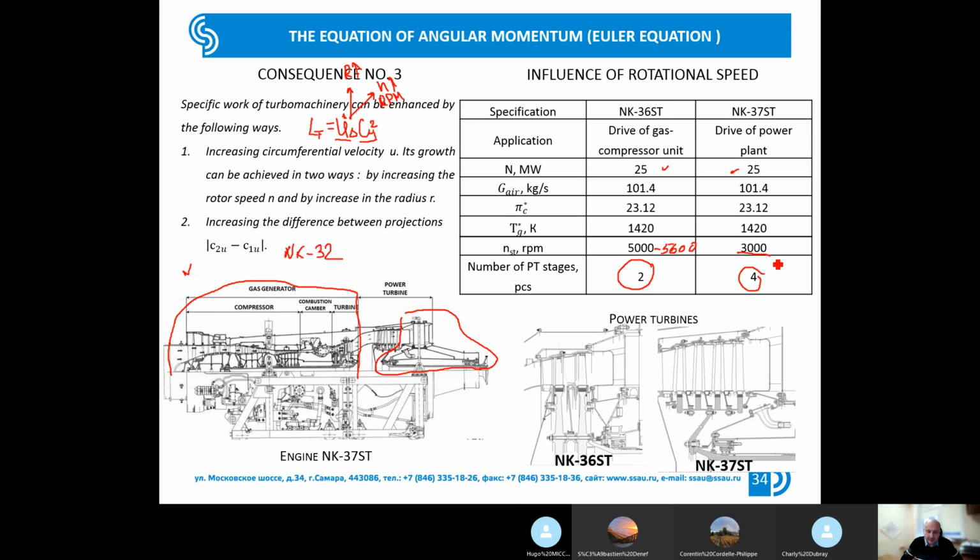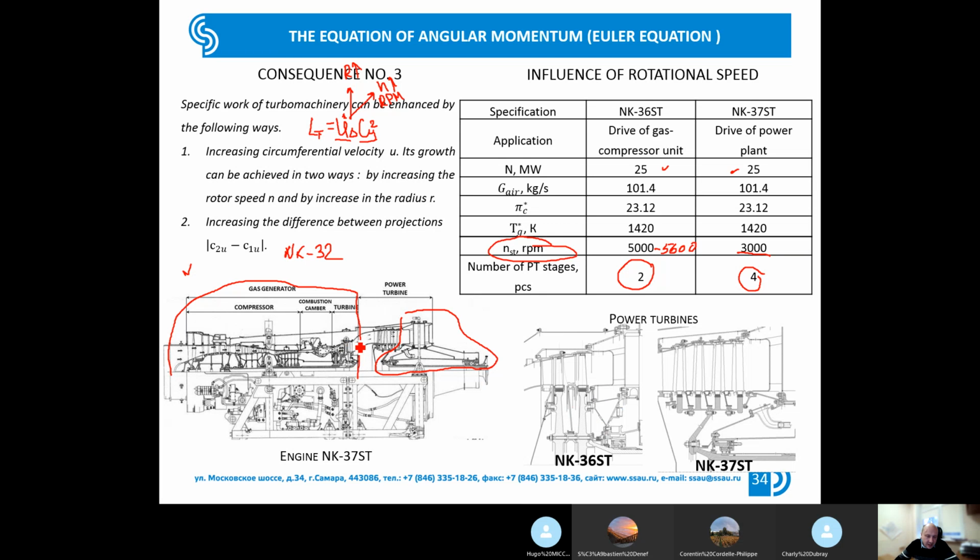The difference between these two turbines is only one number. We have only one number difference, and we have very different construction. We have a 2-stage turbine, and we have a 4-stage turbine for the case of NK37ST.